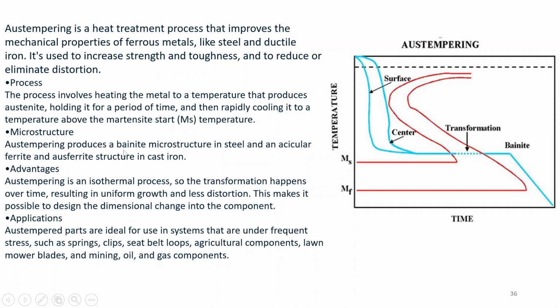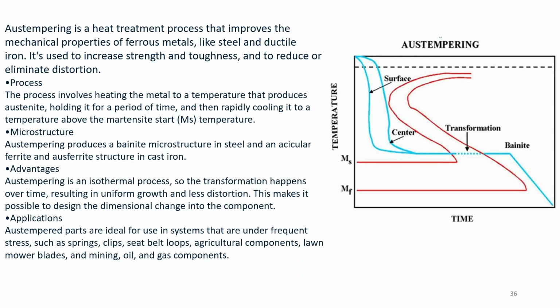The tempering produces a bainite microstructure in steel and an acicular ferrite and ausferrite structure in cast iron. Tempering is an isothermal process, so the transformation happens over time, resulting in uniform growth and less distortion.